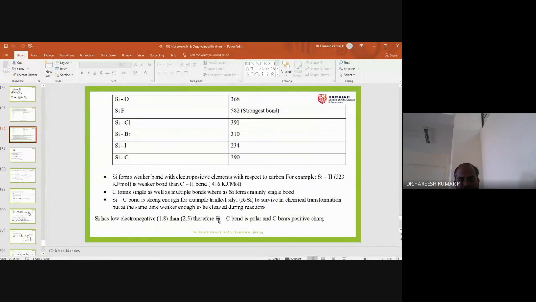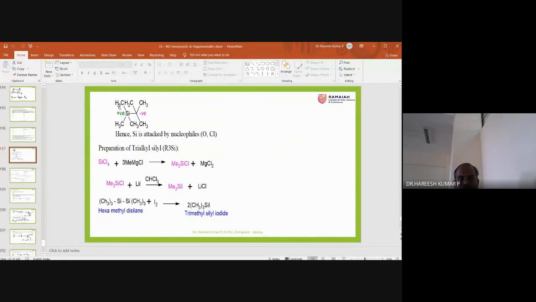So I will show it to you now. Look here. Silicon bears a positive charge, carbon bears a negative charge. Hence, silicon is attacked by nucleophiles.